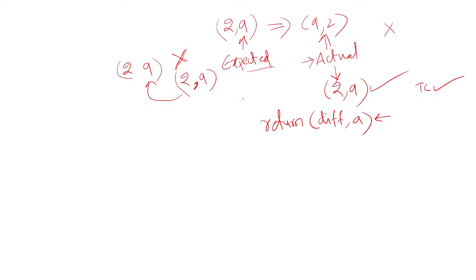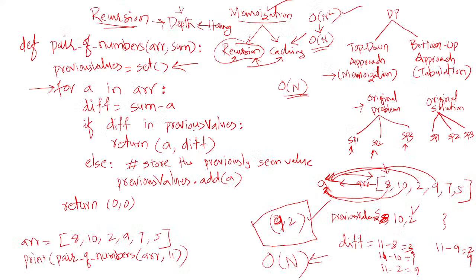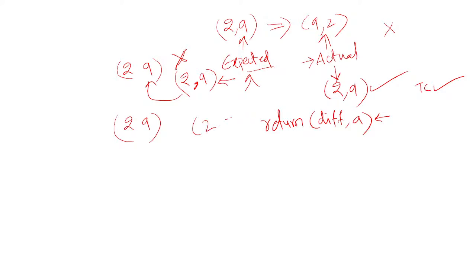When we execute our code and test cases fail, we should see why they failed. Mainly you check the expected output and actual output. Is there any difference? For example, if your expected output is 2 comma 9 and from this array you are getting 2 comma 7, both are not matching.